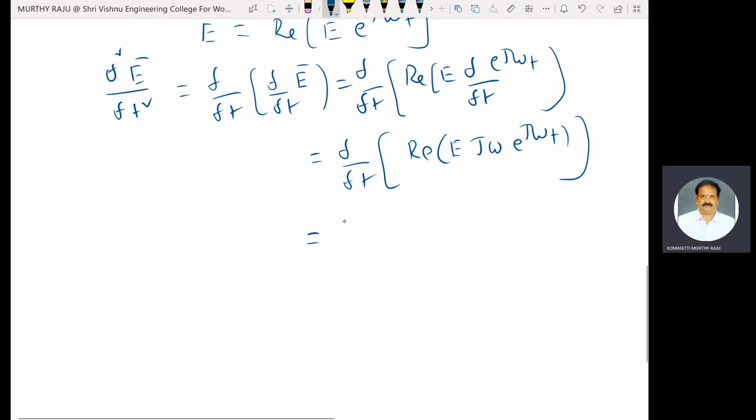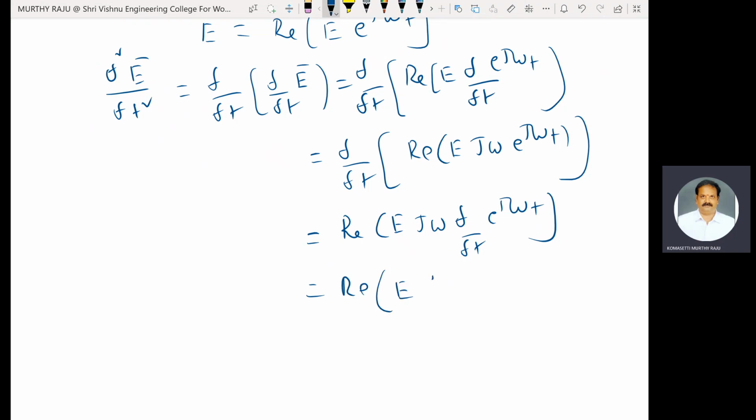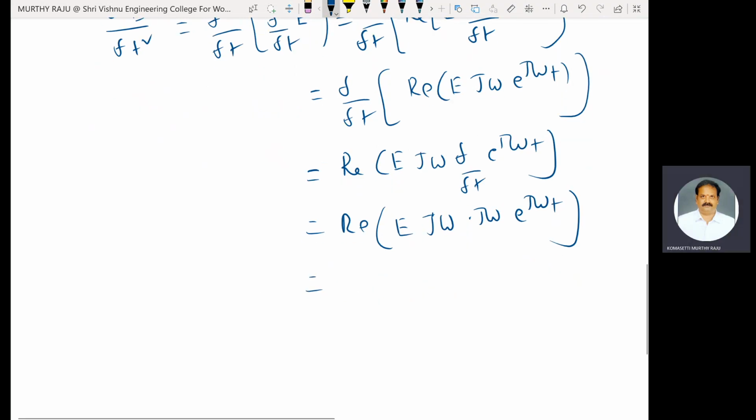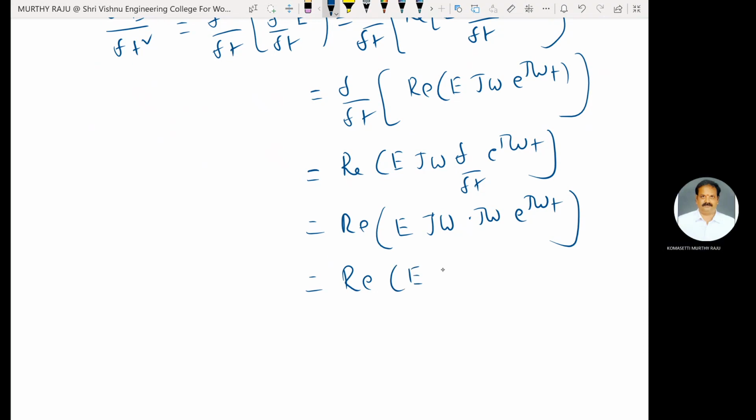Again differentiating, that is real of E into j omega whole square e power j omega t.